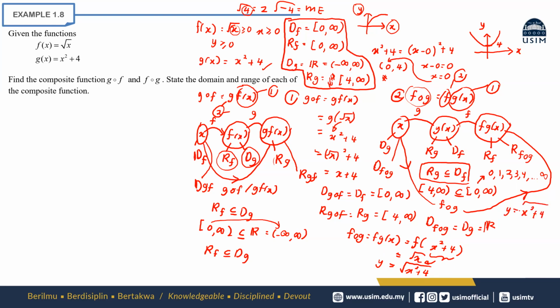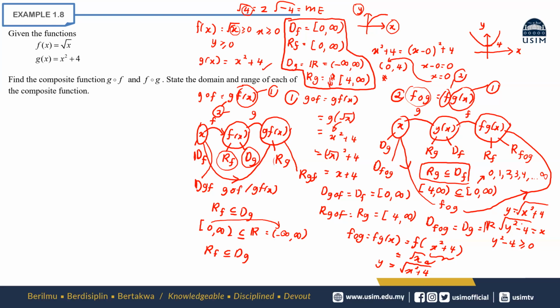Okay, we want to find X in terms of Y, right? So Y squared minus 4 is equal to X squared. And we know that Y squared minus 4 must be greater than or equal to 0, because all elements inside the square root must be a positive value.